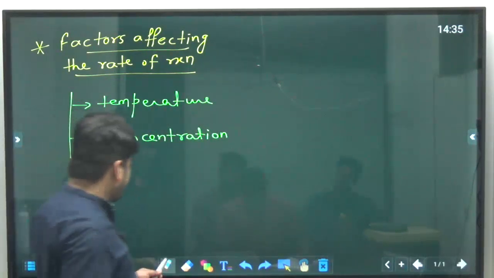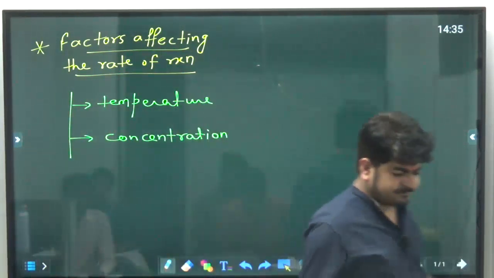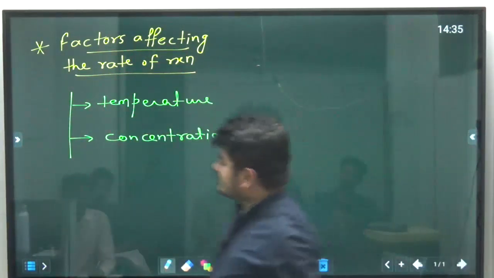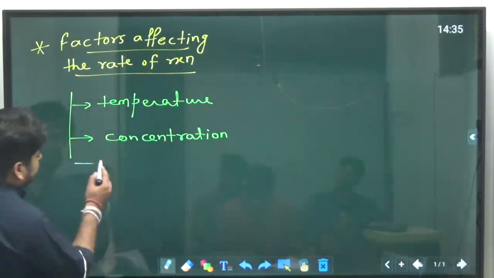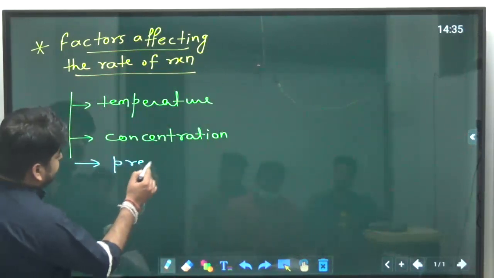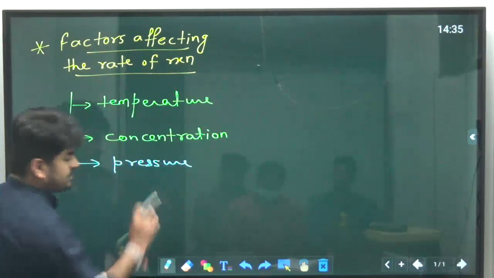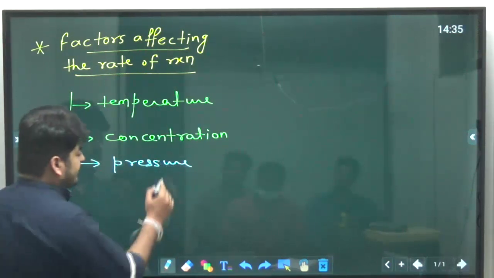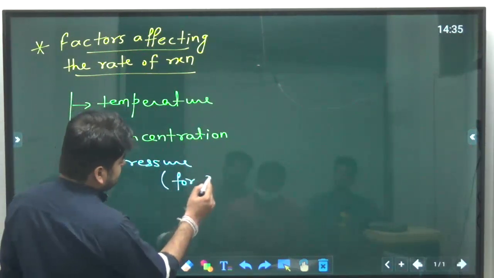Okay. If you see the books, in books it is also mentioned that there is a third factor as well, which is pressure for gaseous reactions only.